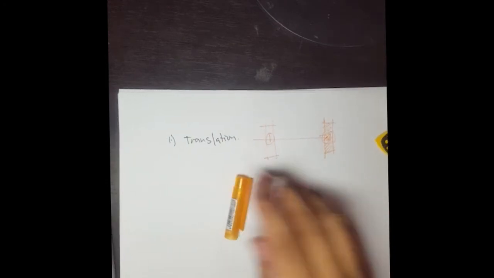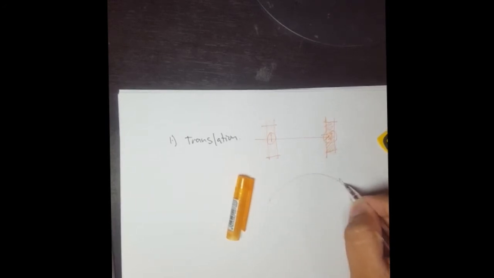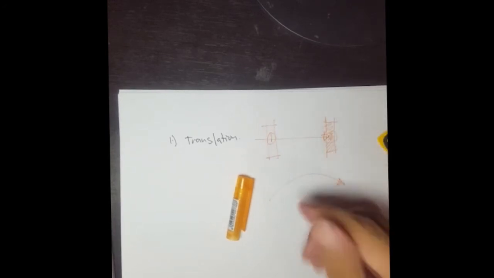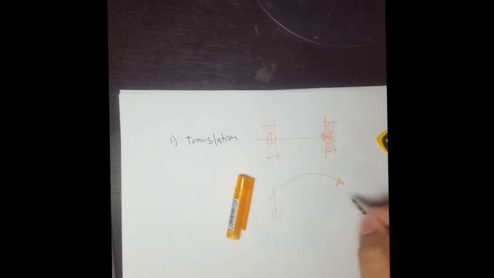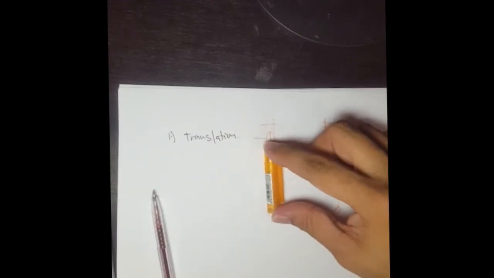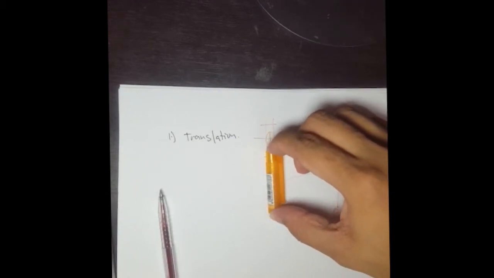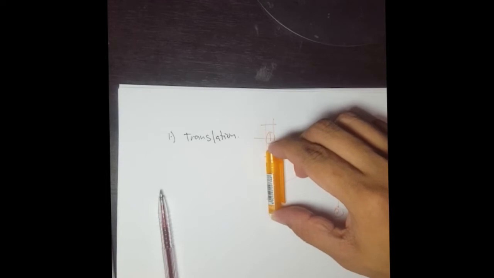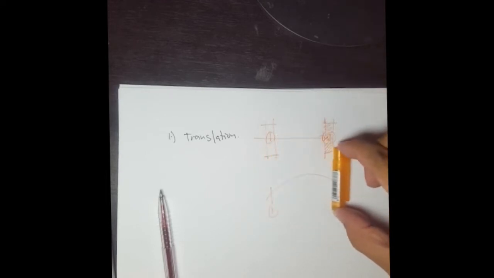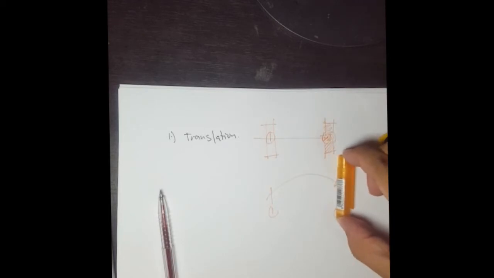So that's point 2, and we call this a rectilinear translation. But it's also possible that we have a curved path. So for a curved path, let's say this is point 1, then this is point 2. This vertical here, when it does the motion, is still vertical. So that's a curvilinear translation.